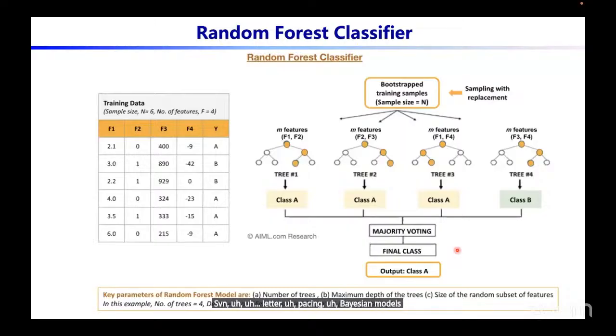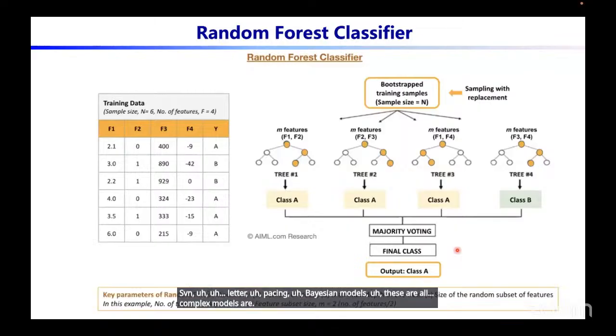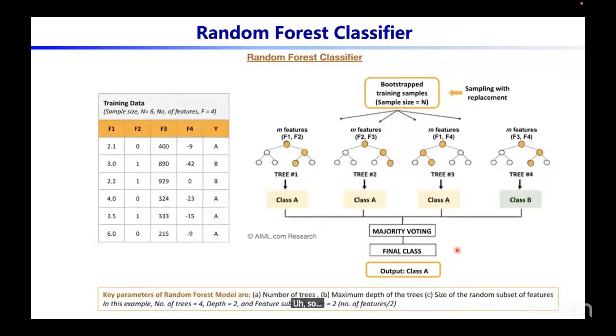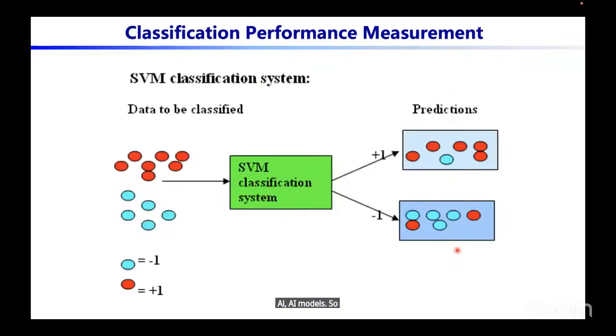These are all complex models. So the question is, how can we judge the performance of these AI models? How do we do the judgment?